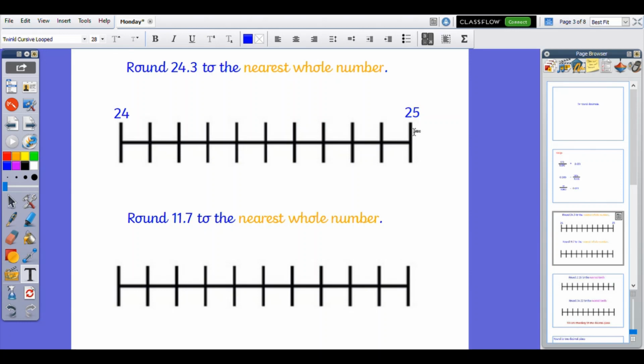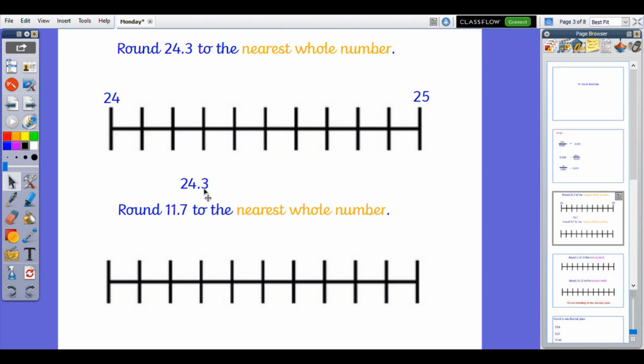Okay, so now I need to plot my 24.3 on my number line. So I've got 24.3 and I'm going to find where it would be. So we've got 24, 24.1, 24.2, 24.3. So it would be here.